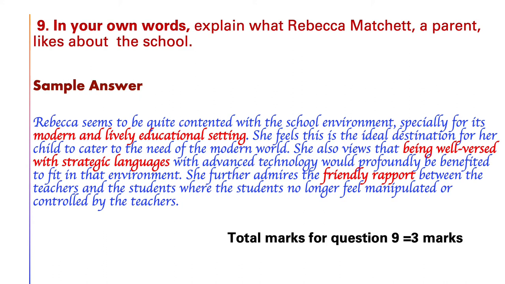She also believes that being well versed with strategic languages with advanced technology would profoundly benefit her child to fit in that environment. She further admires the friendly rapport between the teachers and the students, where the students no longer feel manipulated or controlled by the teachers. So here there are many points, but you can use only 3 points out of this.